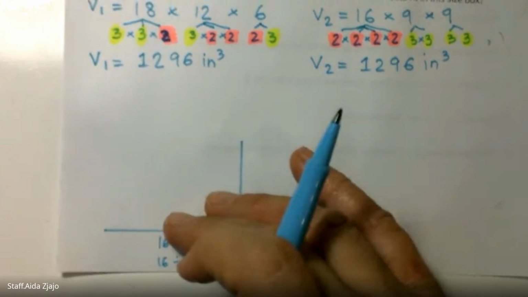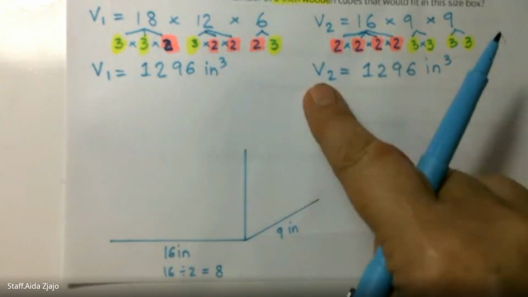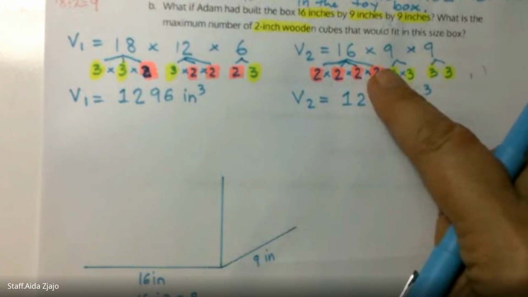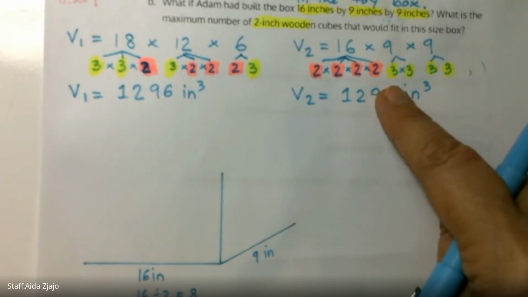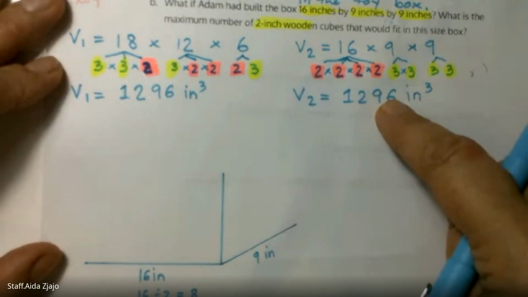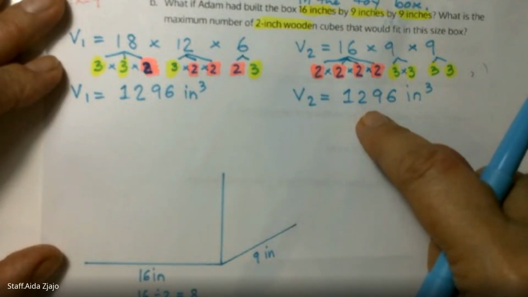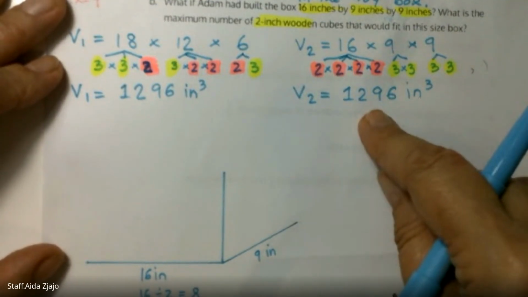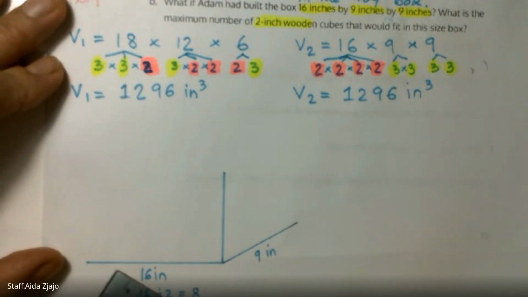So now you can think that this box cannot fit 162 2-inch cubes. It should fit less than that. So let's talk about that.